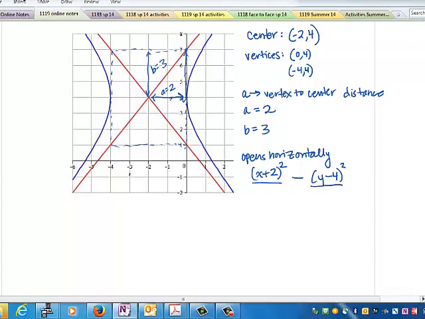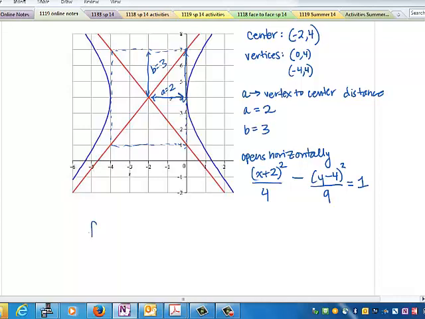We want a squared always underneath the first term, the one with the positive coefficient, 4, and b squared underneath the other one. So that's all we need for that.